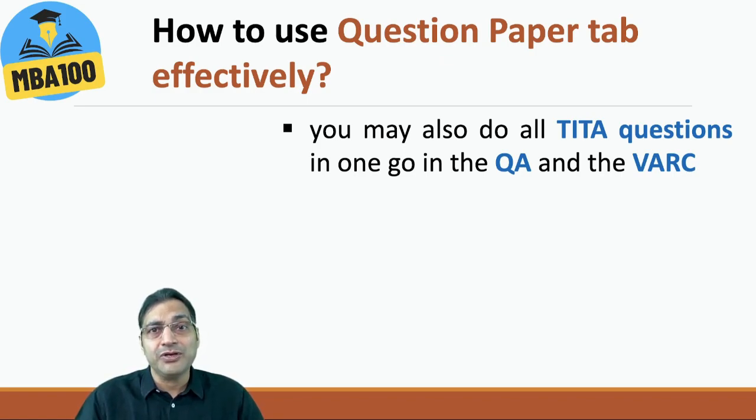And if you are able to do 8 questions in, let's say, 10 to 12 minutes, it can be of huge advantage. But from where do I get this figure 8? Because in CAT 2021, they asked you 8 TITA questions in the quantitative aptitude section. It may change this year, unlikely, but it may change.